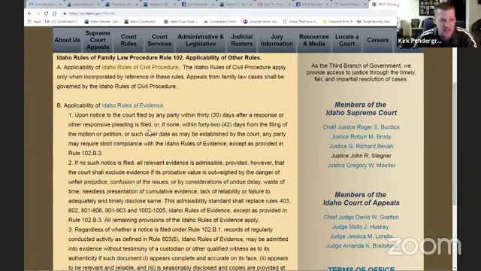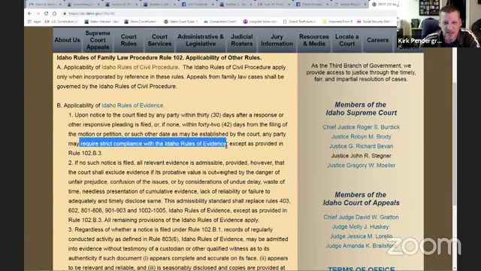But let's say where you are right now, in the middle of a case, and you want to go back. You're being served with something, whatever. Upon notice to the court filed, you have to file the notice, and it's a demand, right? Actually, this would be a notice that you will require strict compliance with the Idaho rules of evidence.